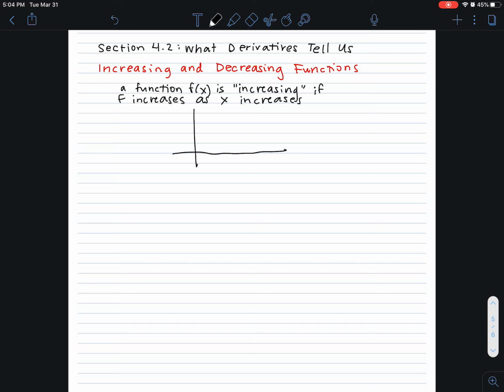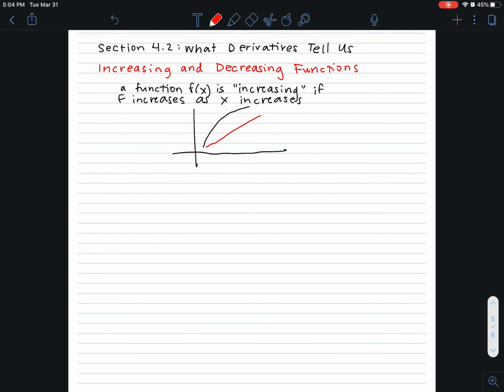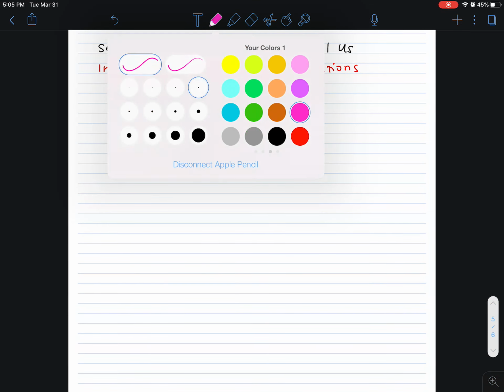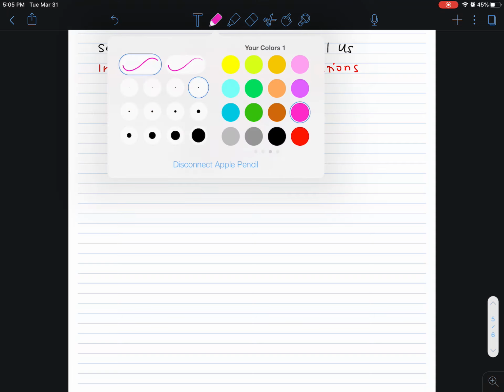It's just a function with positive slopes. Okay, so that's an example. This is an example. This is an example. It's just the values of f are increasing. So if you've taken statistics, you guys know about increasing and decreasing as far as like positive and negative relations. But these are just some examples.